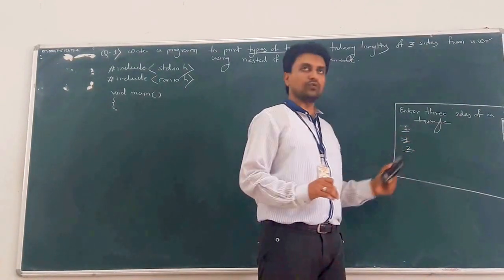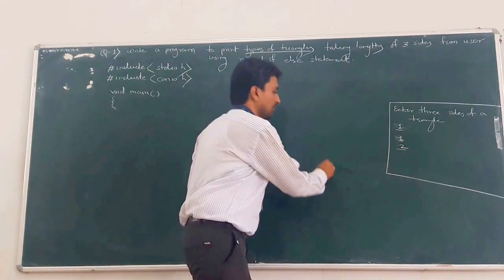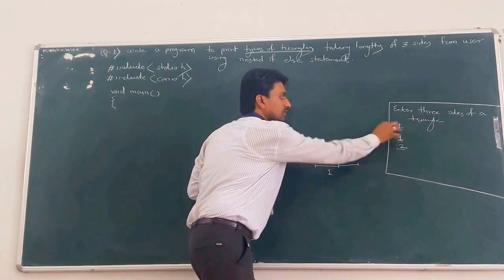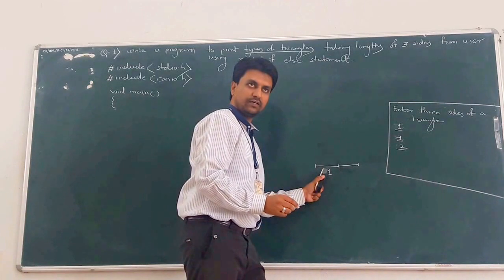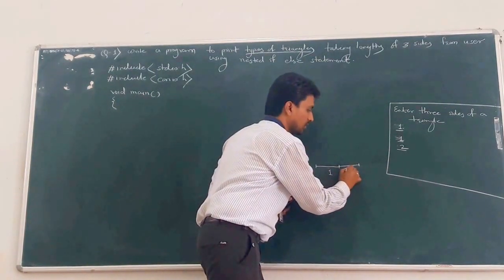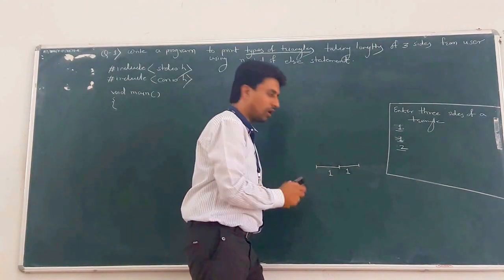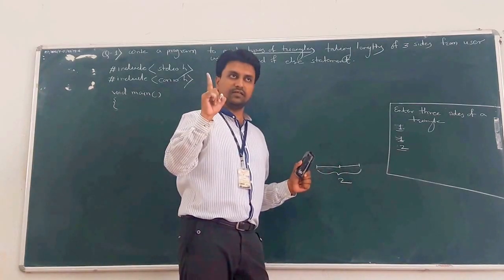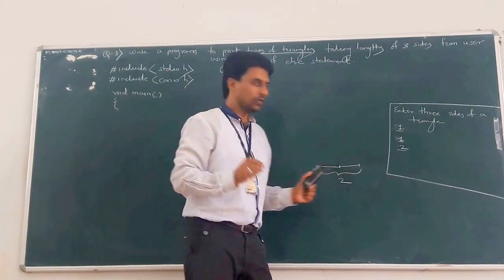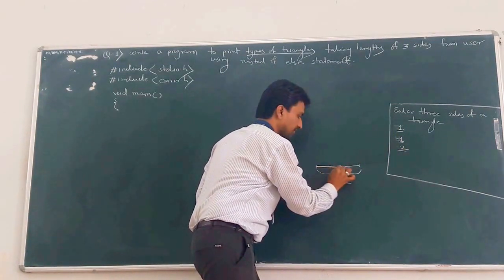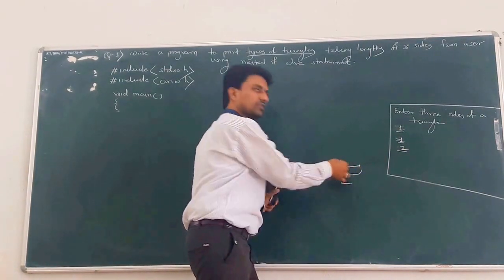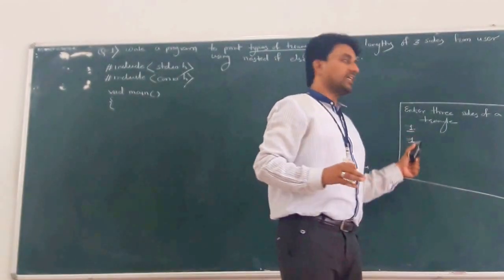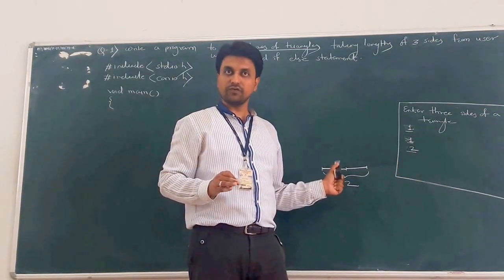With sides 1, 1, 2 we cannot draw a triangle, because if the two 1s are placed together, the total length is 2, which equals the other side. So the two sides of length 1 lie along the side of length 2, and they do not form a triangle. That means for some numbers the user enters, we cannot form a triangle.